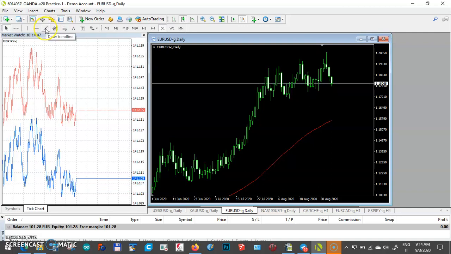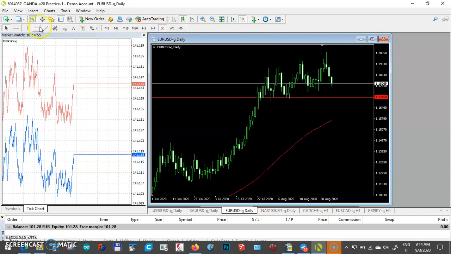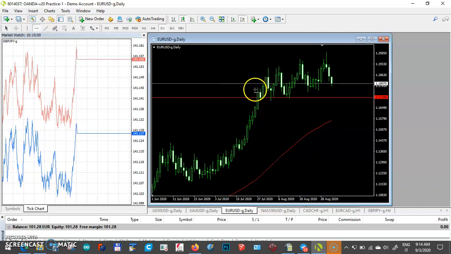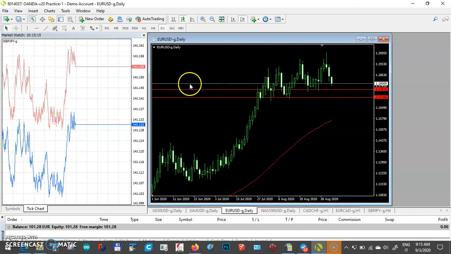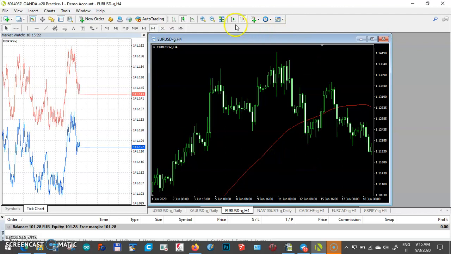I'm going to trace a line here, and I'm going to trace another line here in this wick, in the middle of this little candlestick.